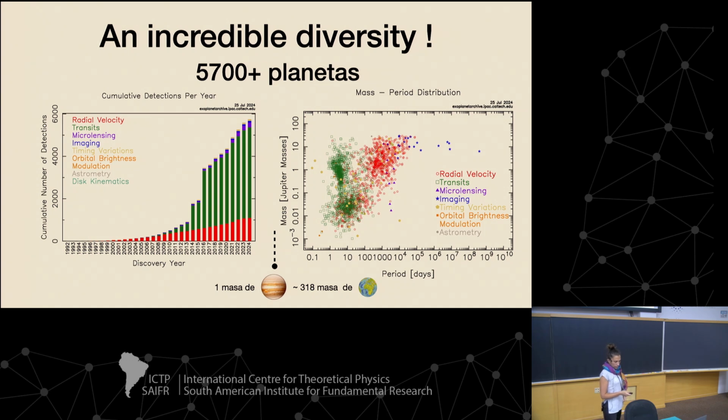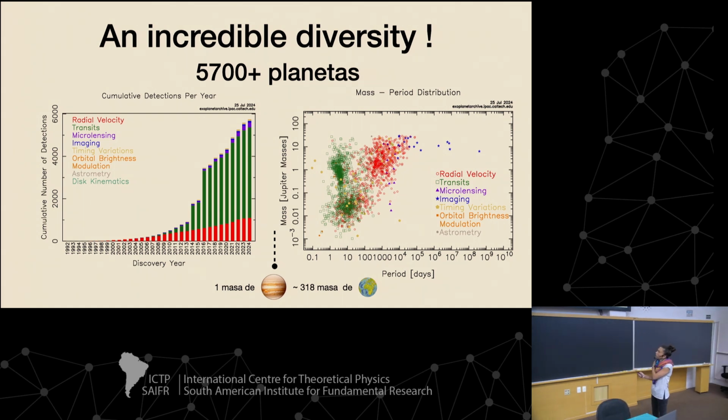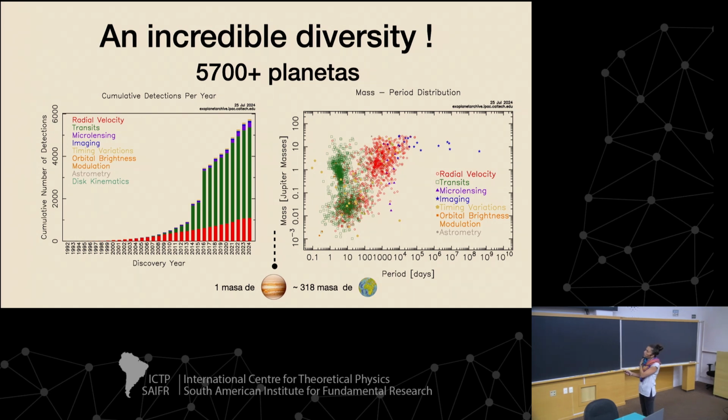Up till now, I checked this like 3 days ago, we have discovered more than 5,700 exoplanets. And you can see here as a function of the discovery year and the method of discovery.